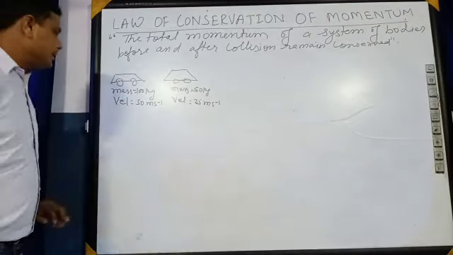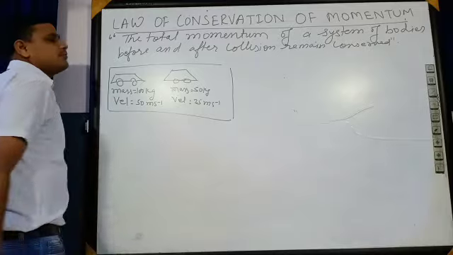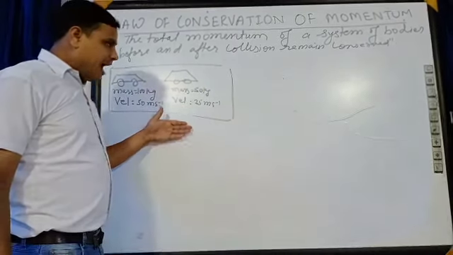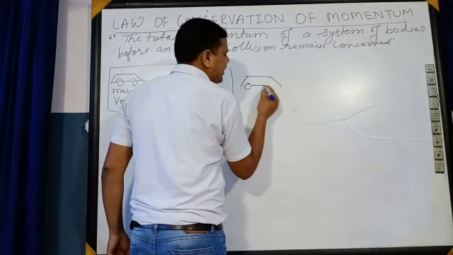So these two bodies constitute a system. Now after some time, what happens? They collide with each other.